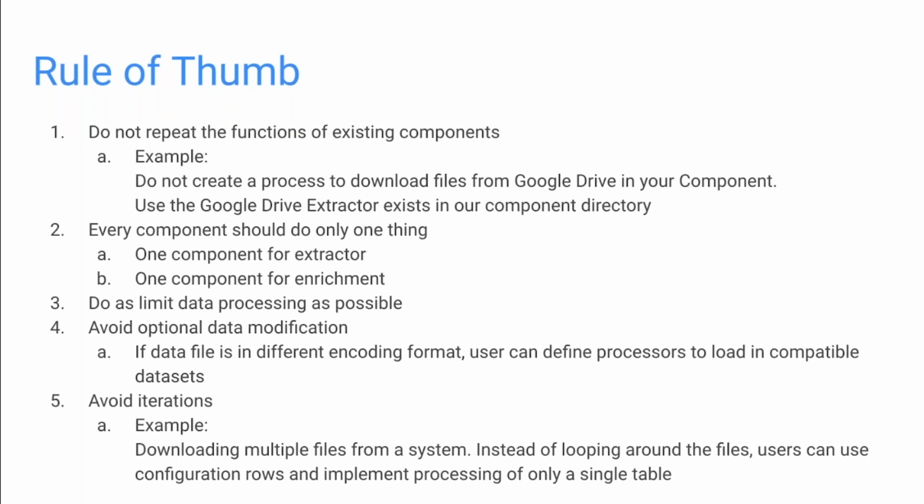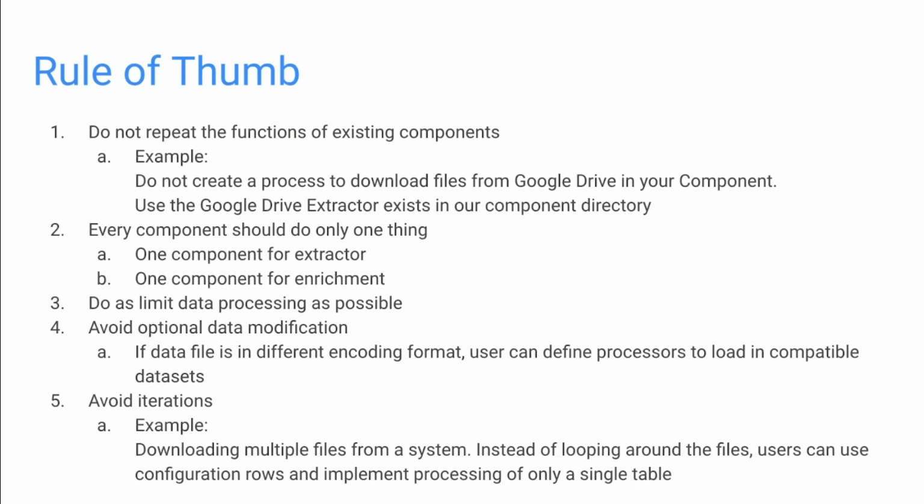If a data file is in a different encoding format, the user has the option to use a processor, which is one of our types of component, to load incompatible data sets. In the later slides, I'll explain what a processor is. Number 5, avoid iterations.